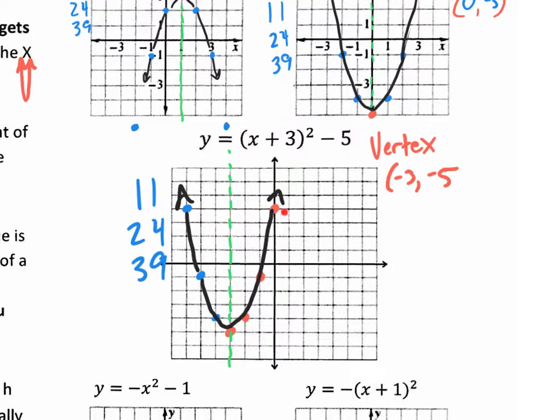This new parabola is the same exact width. It's not vertically stretched or compressed. It just gets translated from the origin 3 to the left and 5 down. So that's the translation, or the description of the transformation, from y equals x squared to this new parabola.